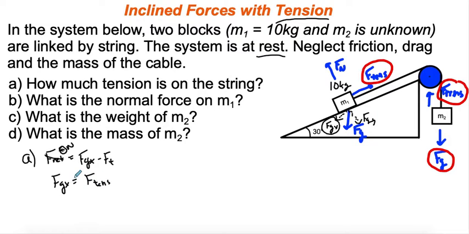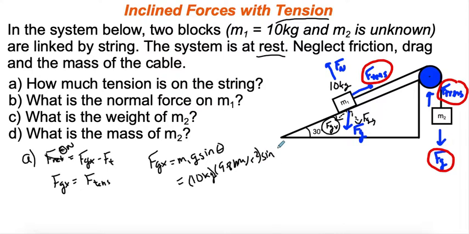Okay, so remember gravity on that block, so that's mass 1 times g times sine theta, and let's plug our values in. So we have 10 kilograms times 9.81 meters per second squared times sine, and our angle here is 30 degrees.